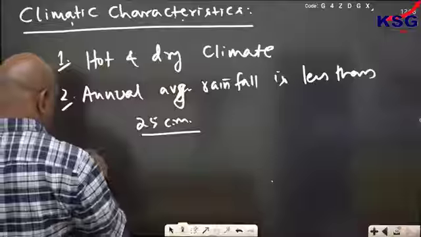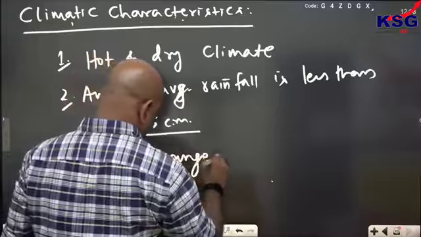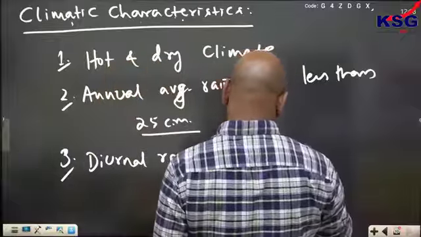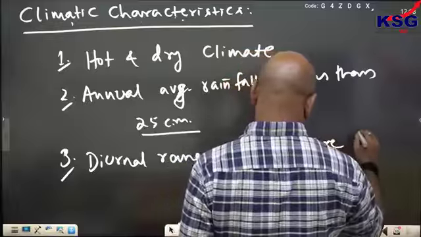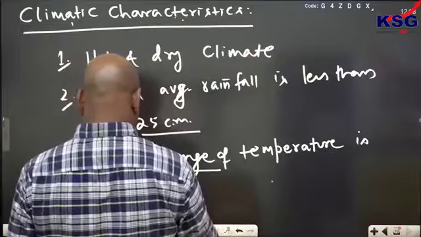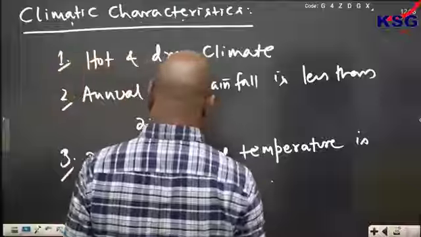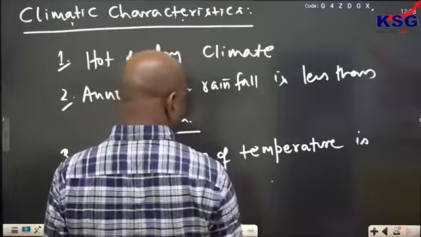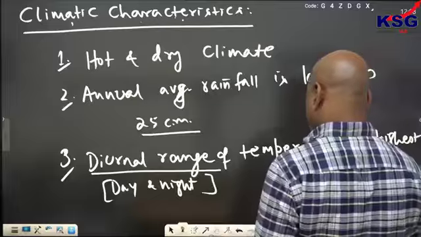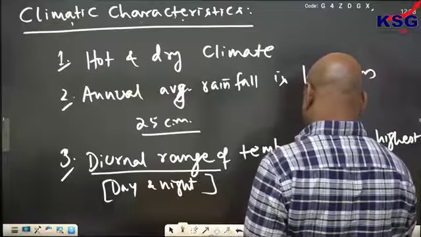Another one is diurnal range of temperature. Diurnal range means the day and night range. Diurnal range of temperature is highest among all the climatic regions of the world.